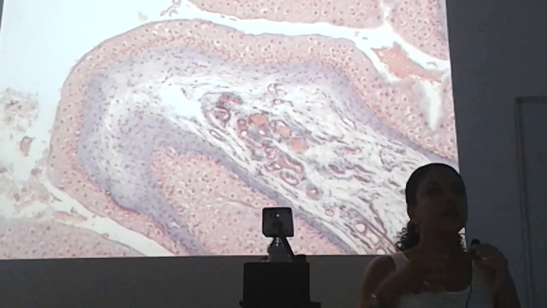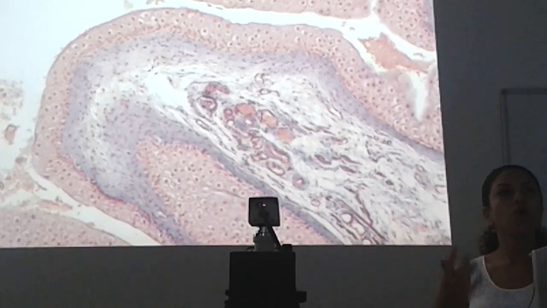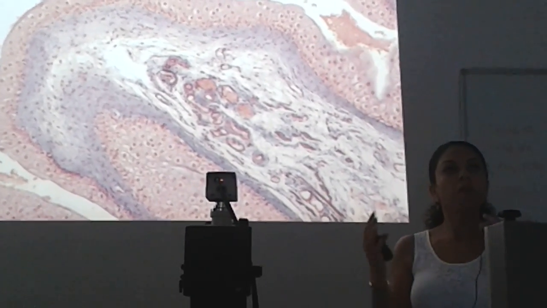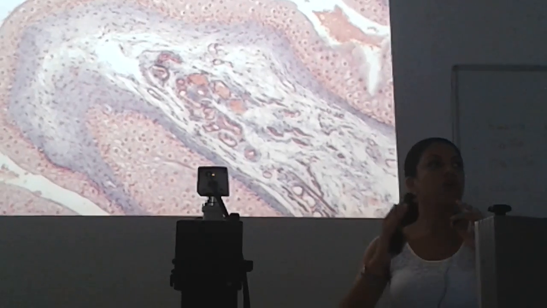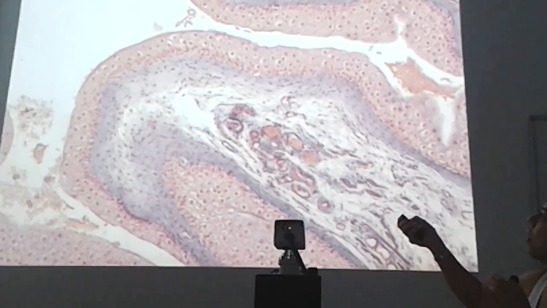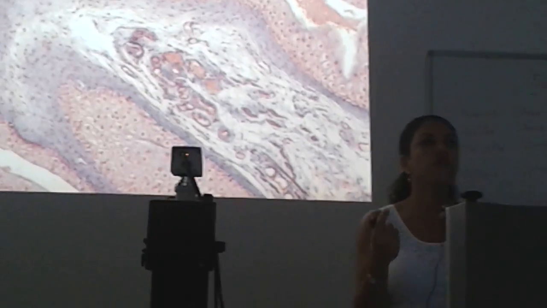If it's filled with urine, the epithelial cells will stretch and become more cuboidal or squamous. But when it's relaxed, with no urine, the epithelial cells will become more columnar to cuboidal. Alright?